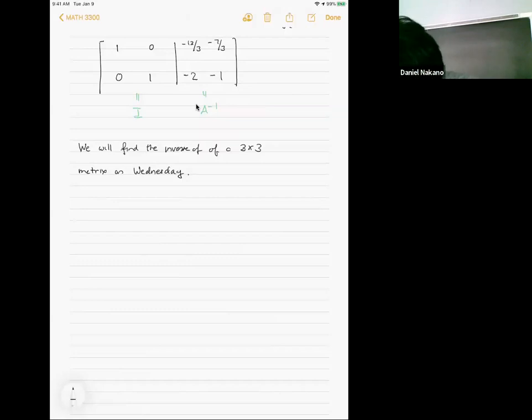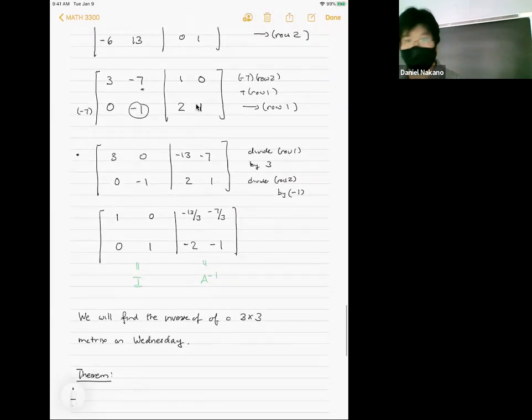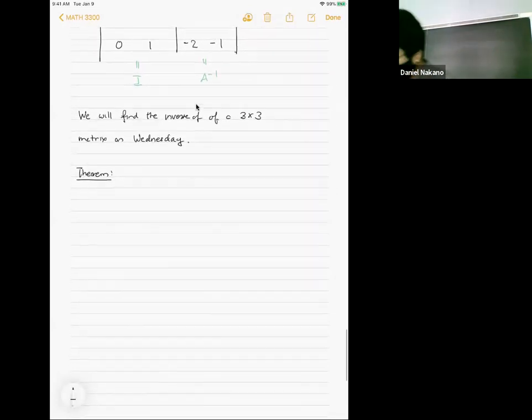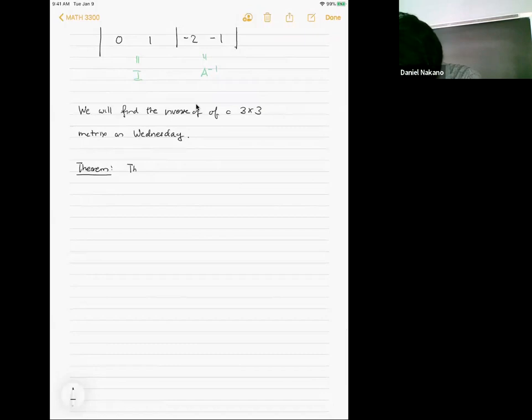Okay, so there's the following theorem. From this process, you can figure out when a matrix is invertible or not. It's basically invertible if I have all the pivots. If I'm missing pivots, I'll never be able to turn this A into the identity using Gaussian elimination. So that's what this theorem is saying. So the following are equivalent.